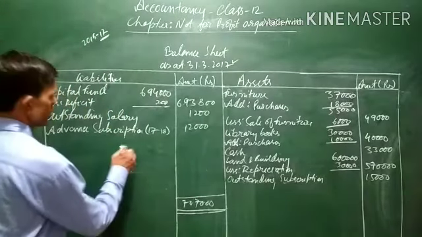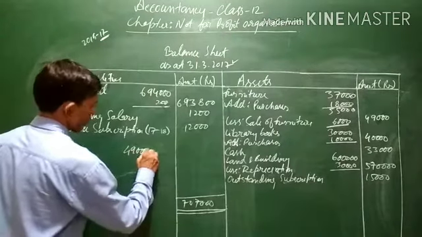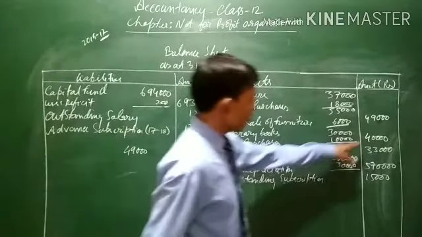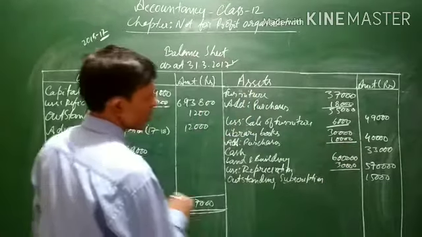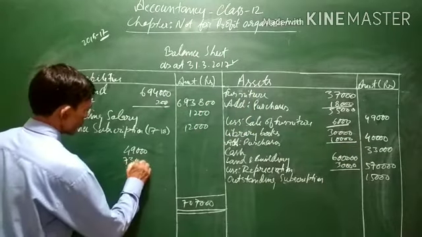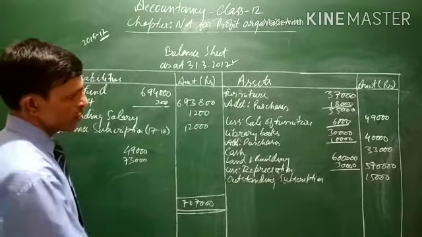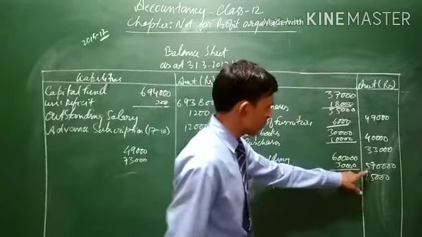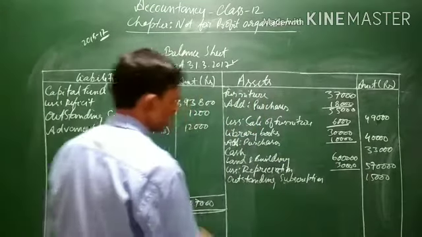Now let us do the totaling of the assets also. The very first is 49,000. Next is 40 plus 33, it will come to 73,000. Next is 5,70,000 plus 15,000, that means 5,85,000.